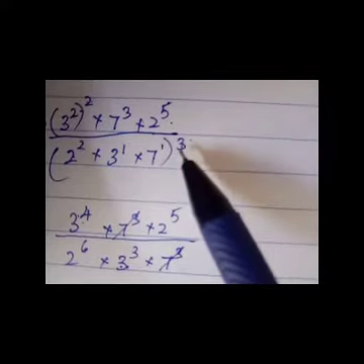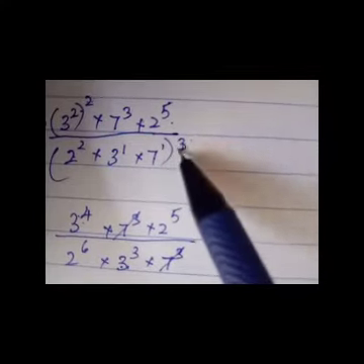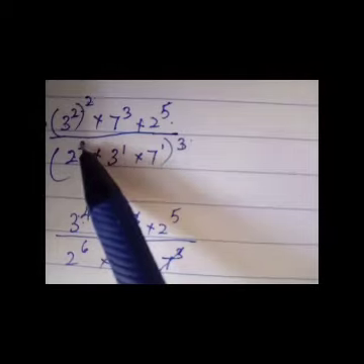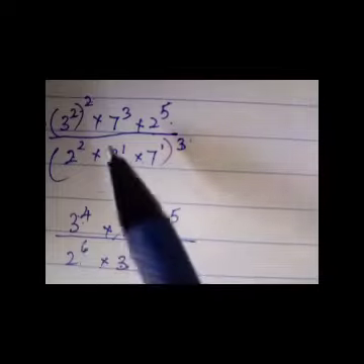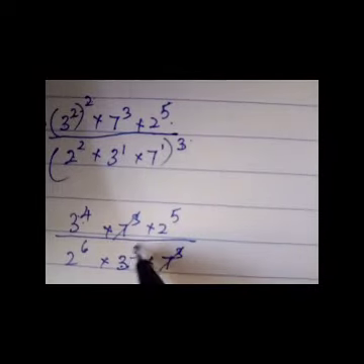As the whole power 3 means you have to multiply the powers. So 2 3s are 6, then 1 3s are 3, 1 3s are 3.